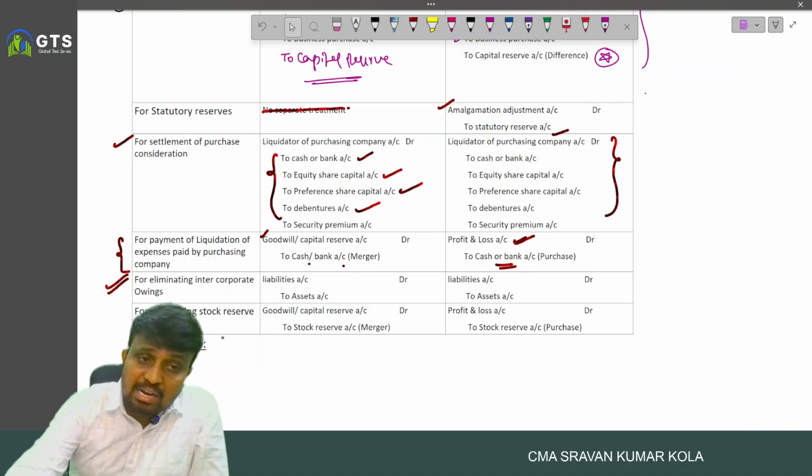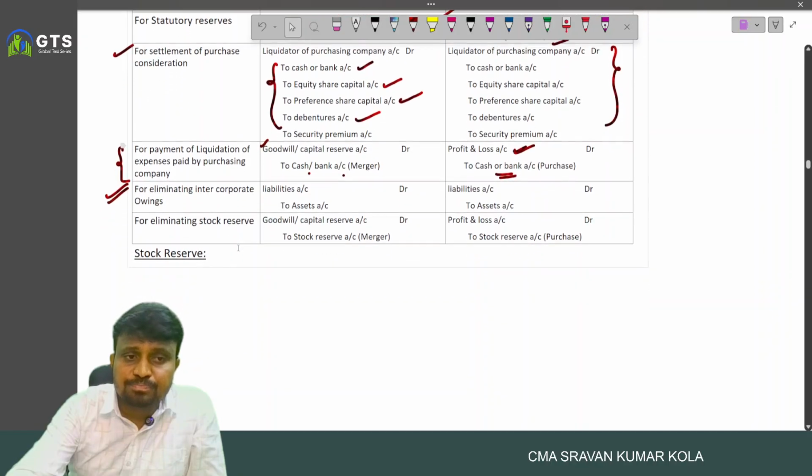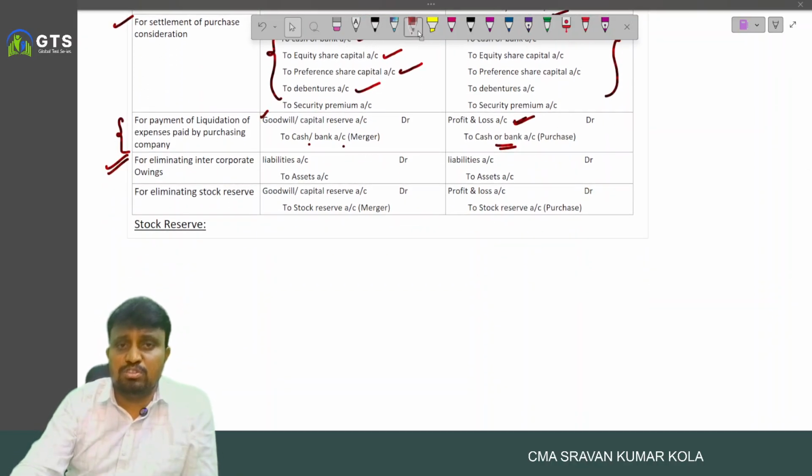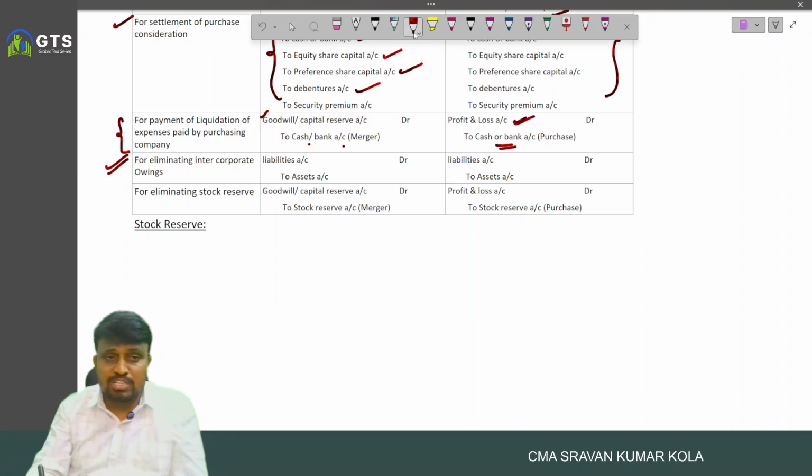Another most important thing is elimination of stock reserve. What is meant by stock reserve? Generally, stock reserve stands for any unrealized profits we have.